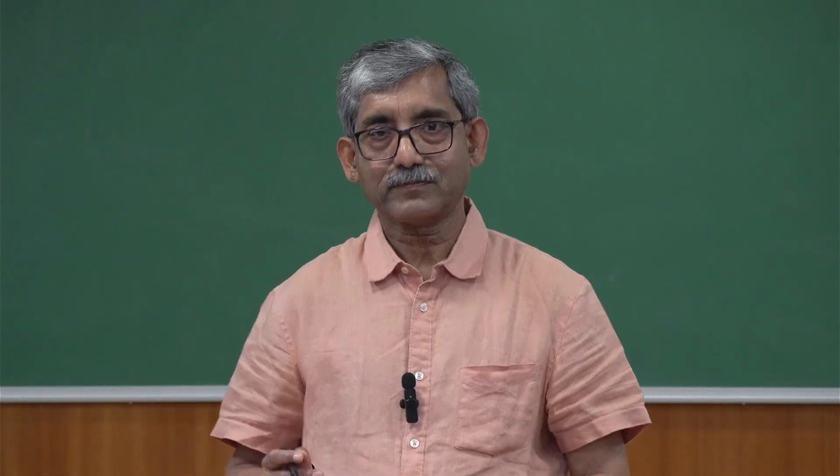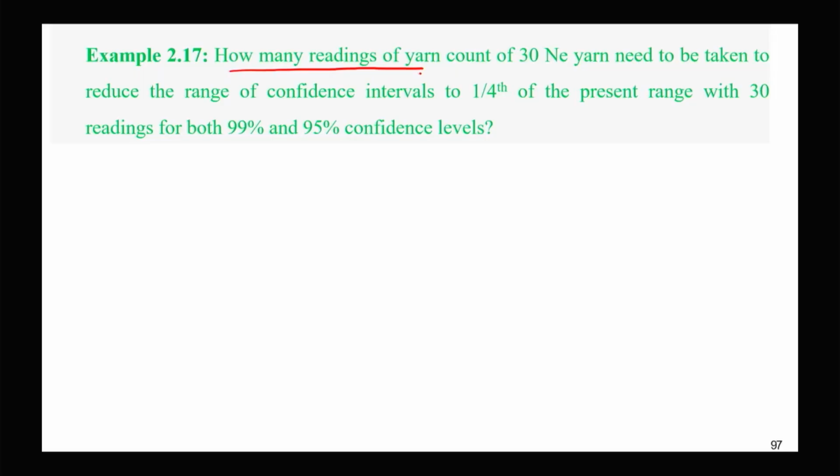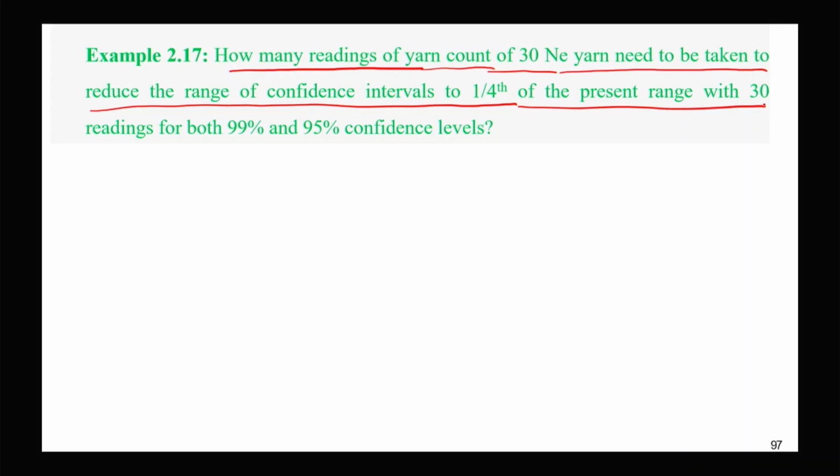Now, how many readings of yarn of 30 NE need to be tested to reduce the range of confidence interval to 1/4 of the present range with 30 readings, for both 99 and 95% confidence?